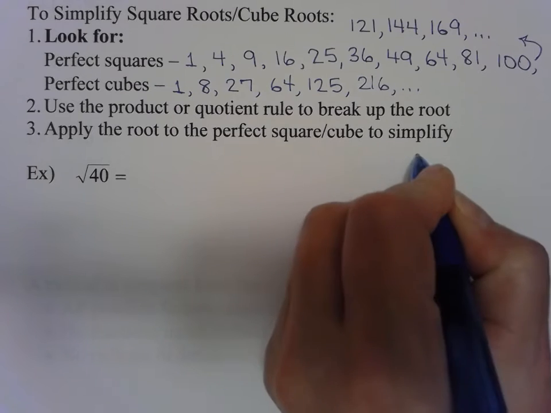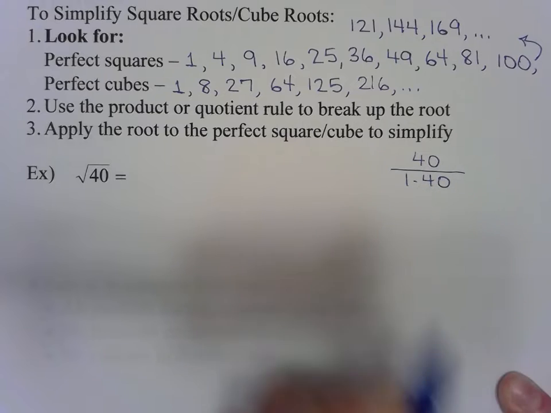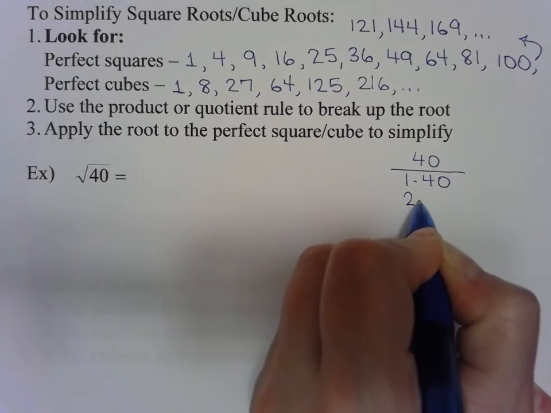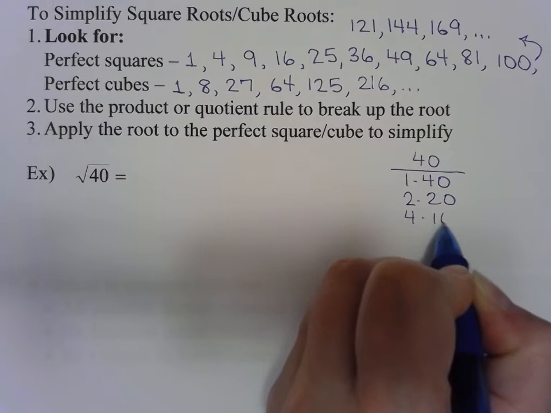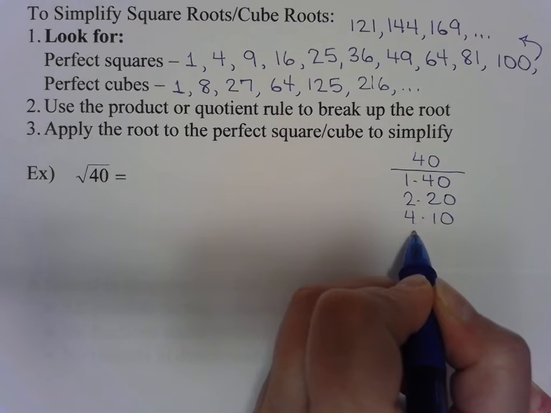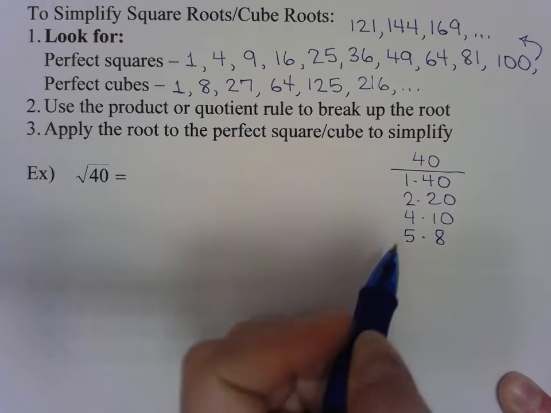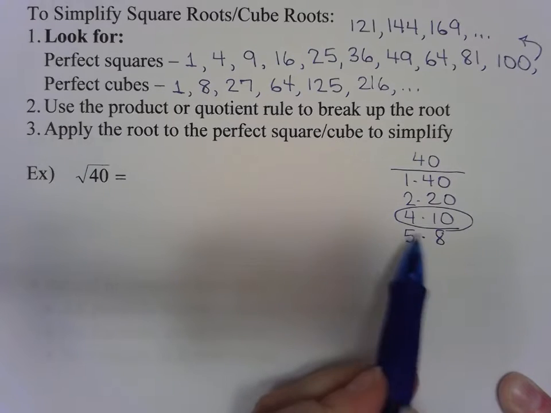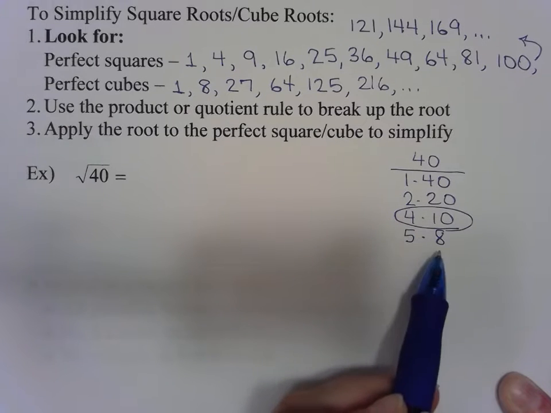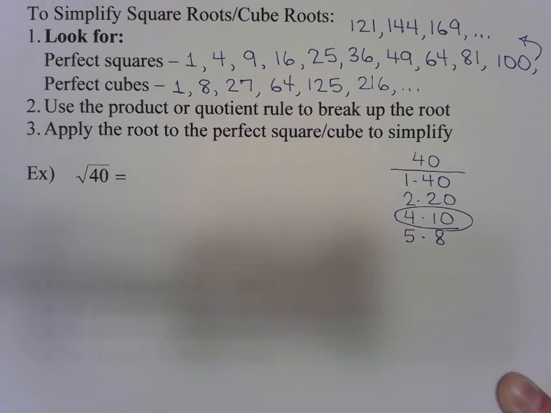If we really wanted to, we could make a list off to the side like we've done for some other things recently, right? 1 and 40, 2 and 20, 4 times 10, 5 times 8. Okay, I want to choose the pair where one of the numbers is a perfect square. And this is the only one that's going to work because 4 here would be a perfect square. None of these others are on the list, right? They're not a perfect square.